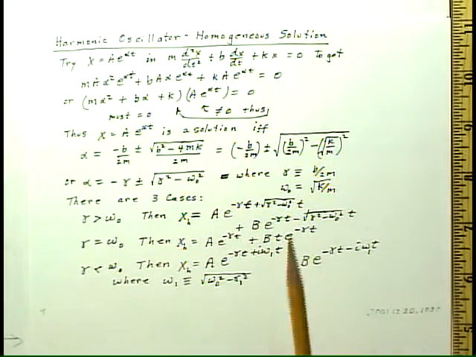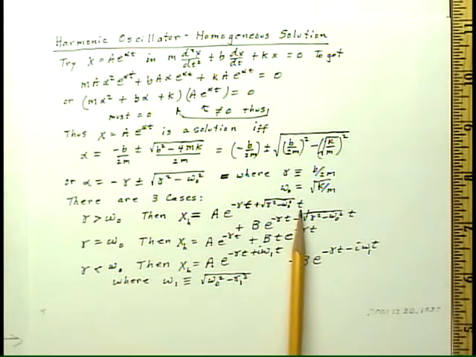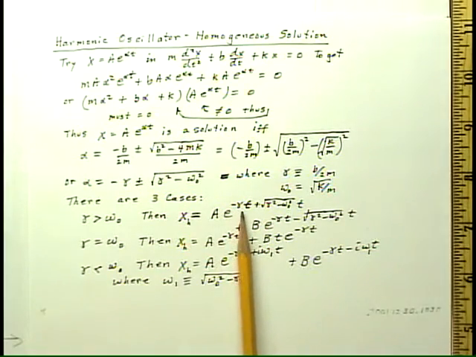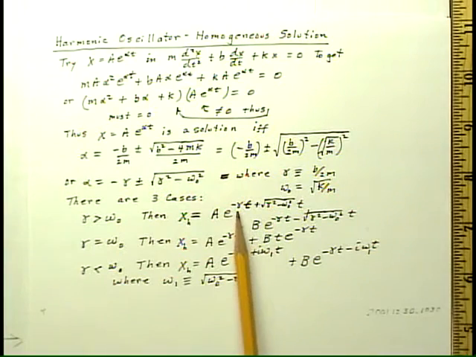It's important to realize that this term that looks like it's increasing as we go along is actually not when it's added to this term over here. The reason is the following. Gamma squared is lessened by some amount omega naught squared. Therefore, this term is less than gamma squared. Therefore, its square root is less than gamma. Therefore, no matter what this term is, this term is smaller than gamma.